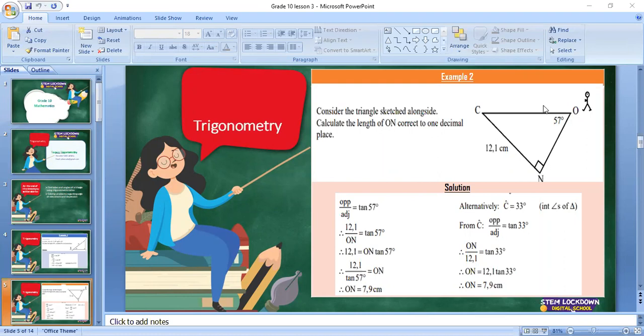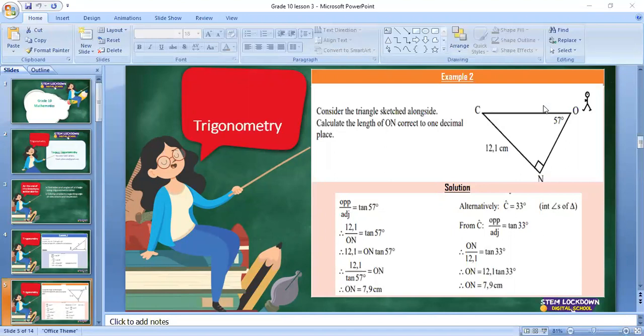To decide which one you're going to use, maybe it's tan, maybe it's sine, or cos, you need to decide which two sides you are dealing with. It must be that you have one side given, and you have to find another side.